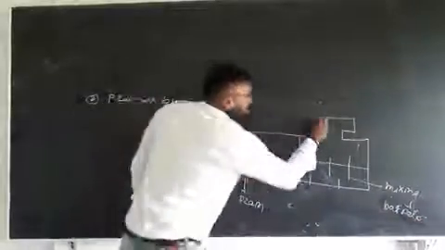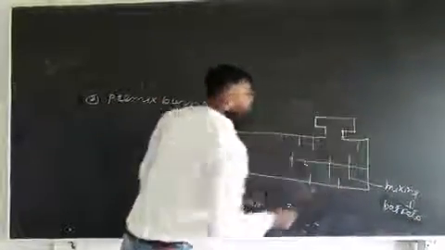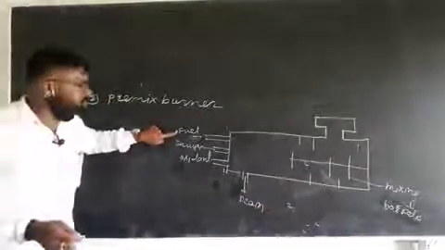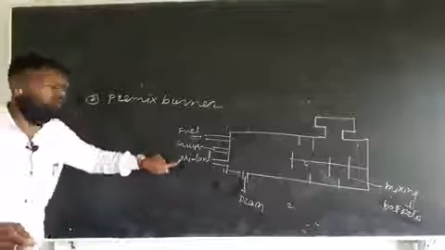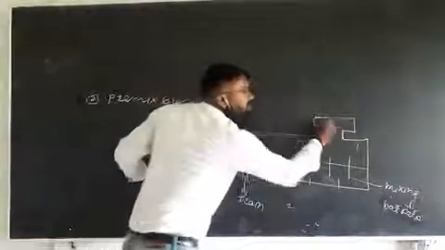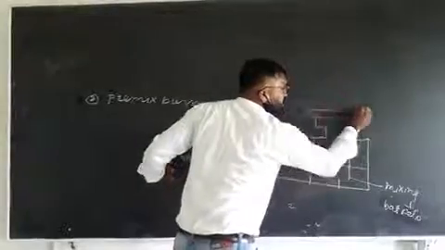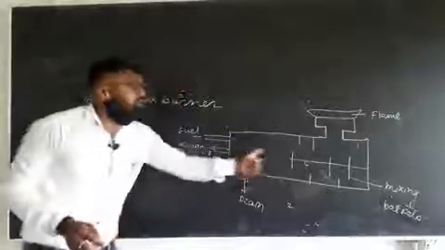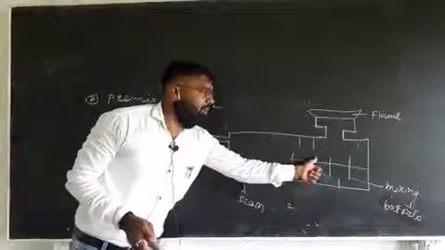Regarding the construction and working of this burner, fuel enters from this portion, sample enters from this portion, and oxidant enters from this portion. Before they reach the flame, here where the flame is produced, they are continuously mixed by these mixing baffles.